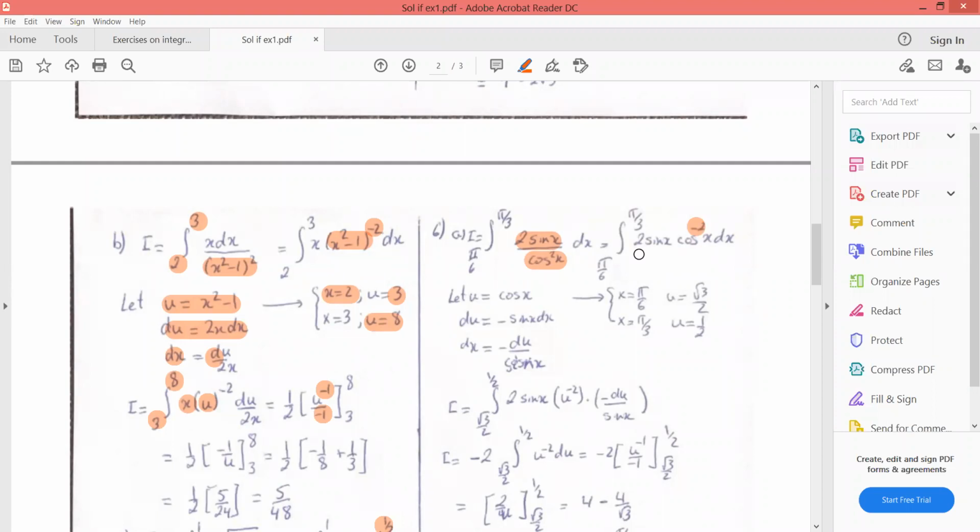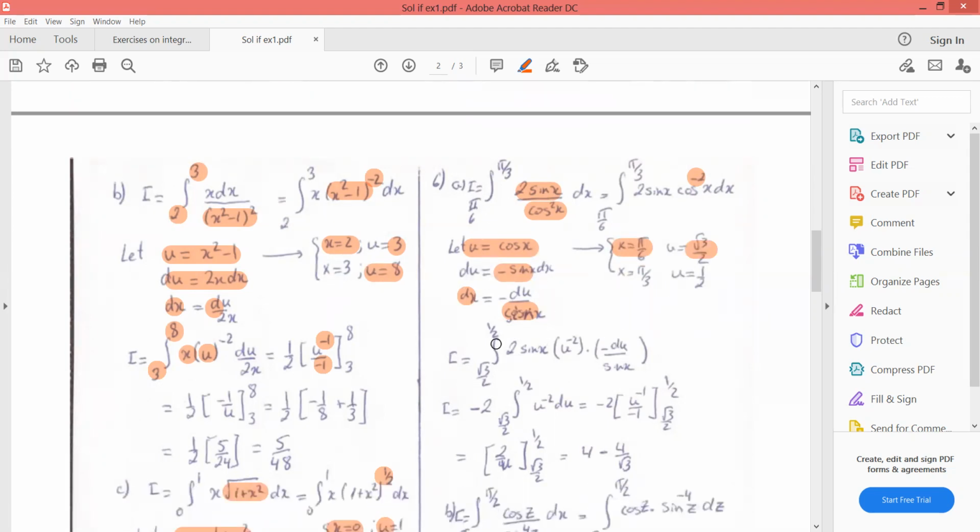I take the base of the power as u equal cosine x. The derivative of cosine is minus sine x, and dx is equal minus du over sine x. For x equal pi over 6, cosine pi over 6 is radical 3 over 2. For x equal pi over 3, u equal half.